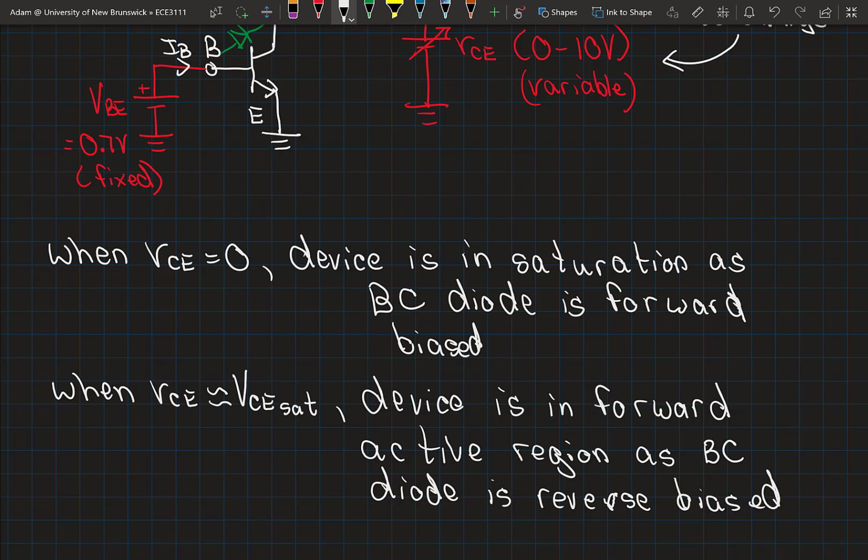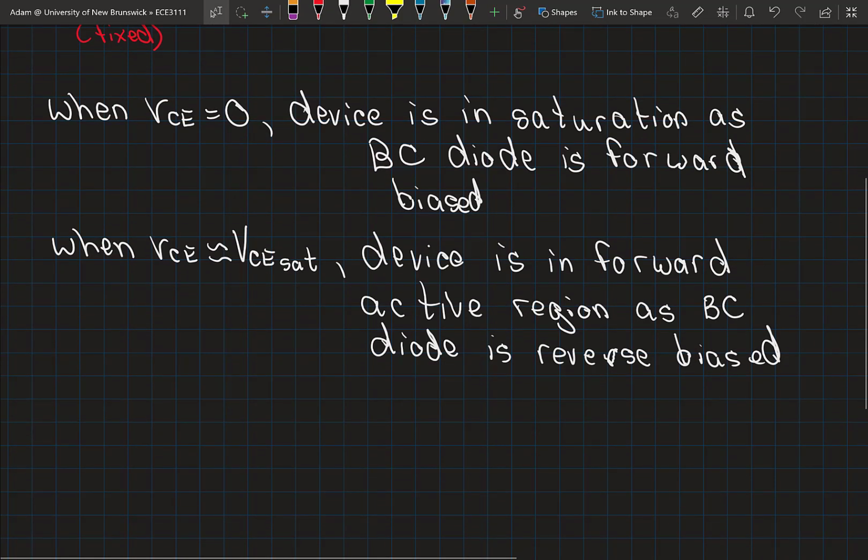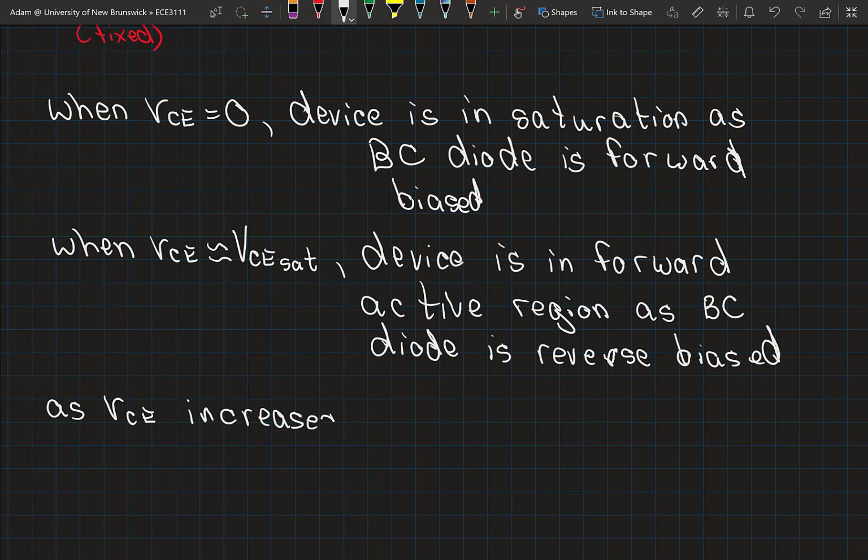Okay, but what happens if we keep increasing the voltage from collector to emitter? As VCE increases further, based on our diagram from last day, it suggested that that has no impact, that the collector current remains constant.